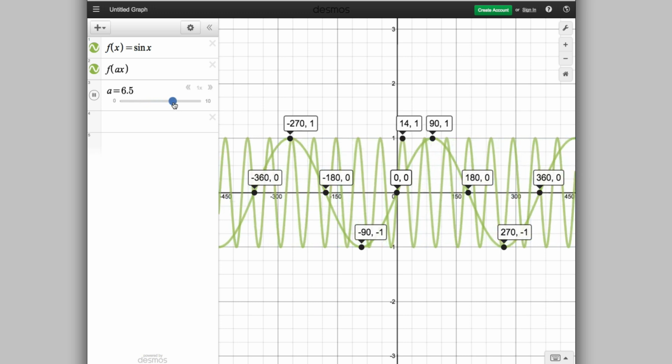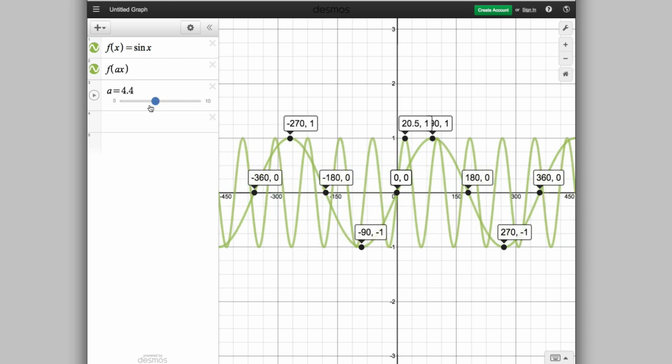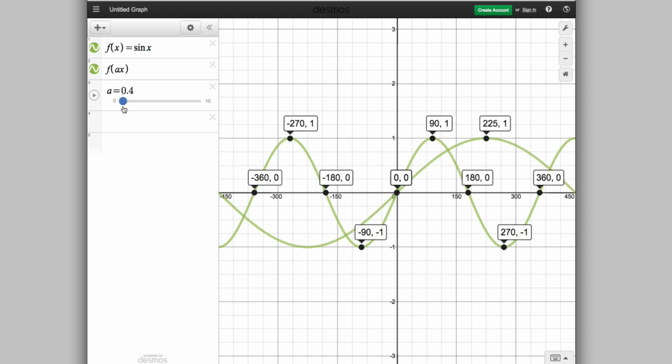Let me make it all the way to 10 and show you what's happening here. What was 90 across 1 up is now 9 across 1 up. So f of 10x has divided all the x values by 10. And if I go to f of 0.5x here, we seem to have doubled all the x values, a factor of 2. So we've stretched it out.